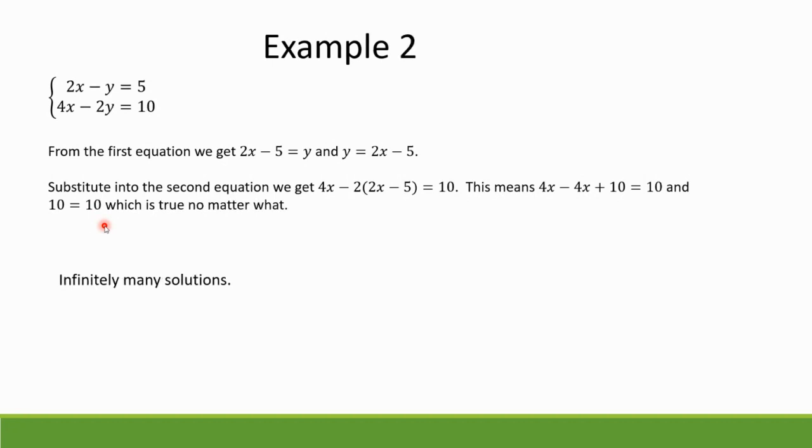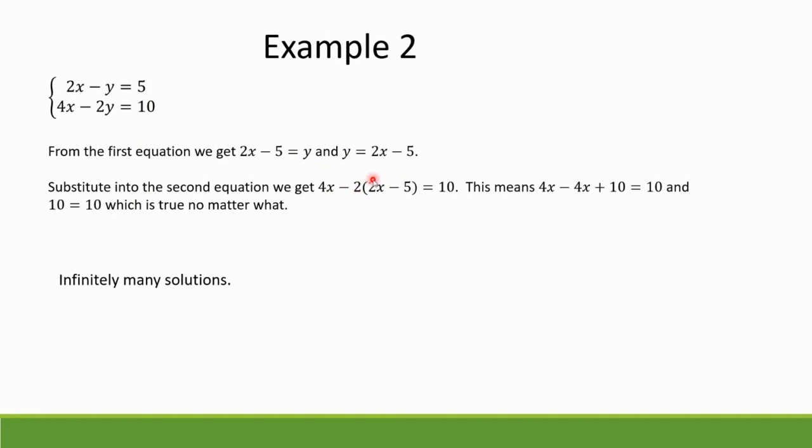Okay. For this example, it's a little bit different. Essentially the first equation is the same, so we again get y equals 2x minus 5. And again, we substitute. We have 4x minus 2 times 2x minus 5 equals 10. But now what's going to happen?